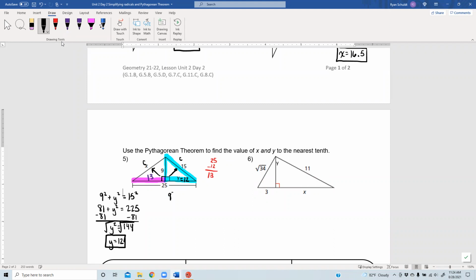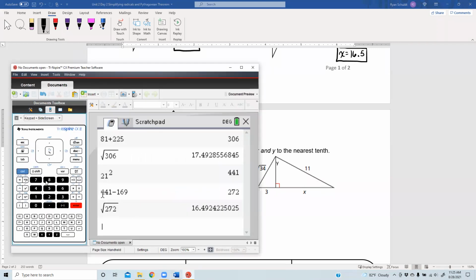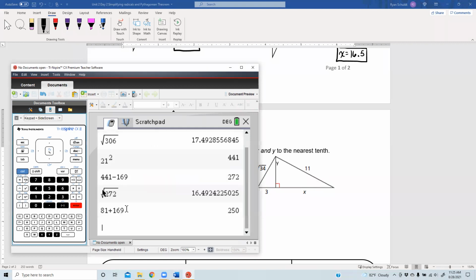So we can say 9 squared plus 13 squared equals x squared. 9 squared is 81. 13 squared is 169. 81 plus 169 gives you 250, I believe. 81 plus 169. Yep, 250.